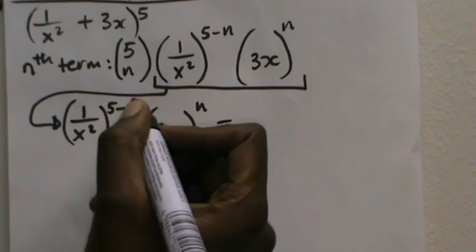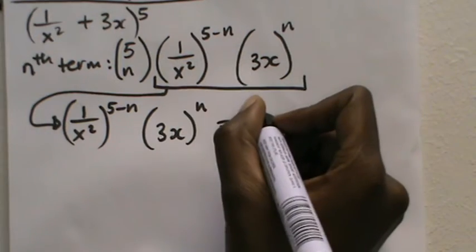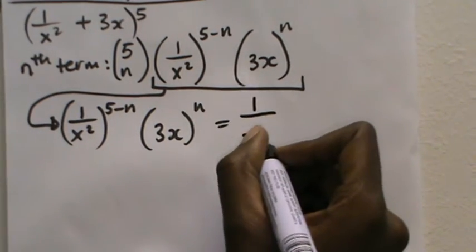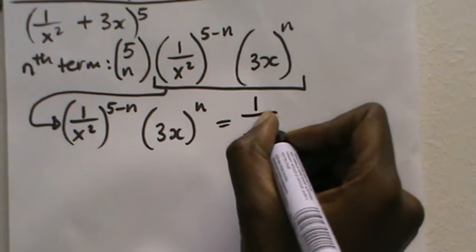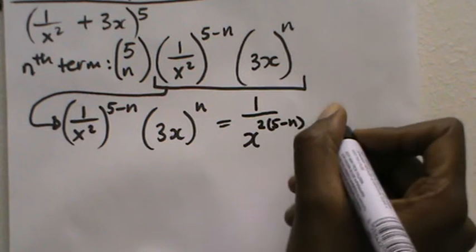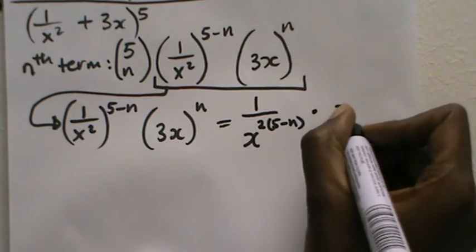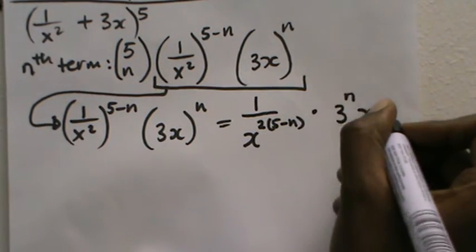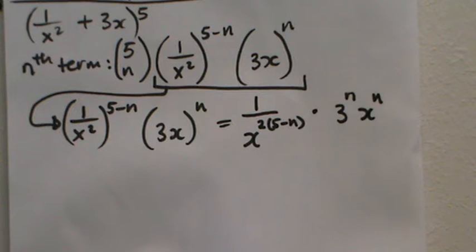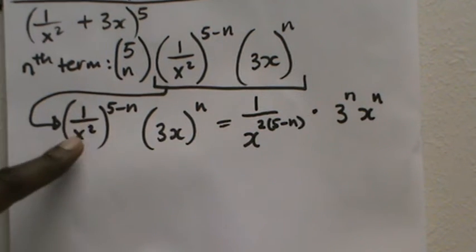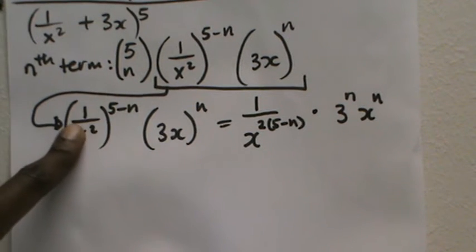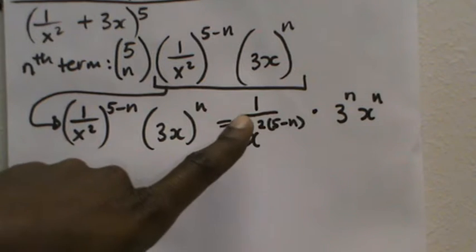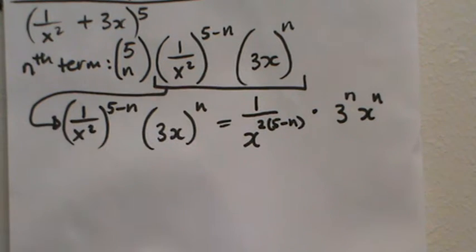So when I multiply out the brackets, here I will have 1 over x to the power of 2 times 5 minus n. And then here I have 3 to the power of n, x to the power of n. Just like I distributed my exponent in the numerator and the denominator, I didn't write it here. Like I said, 1 raised to anything just remains 1, so there's no need to write 1 to the power of 5 minus n. The final answer is still going to be 1.